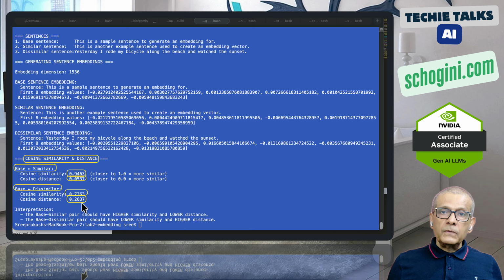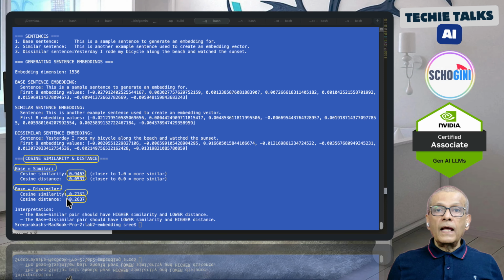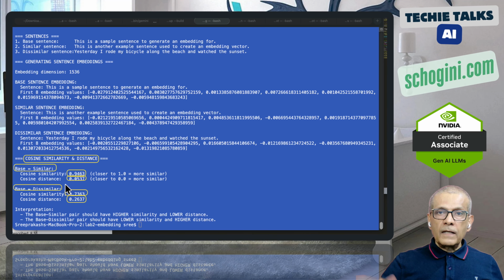And this is a very useful mechanism to find how similar sentences are. And this is needed when we use RAG or retrieval augmented generation. We will address that in coming videos.